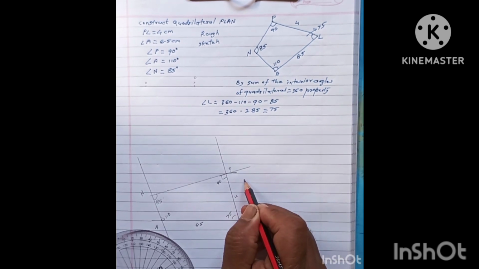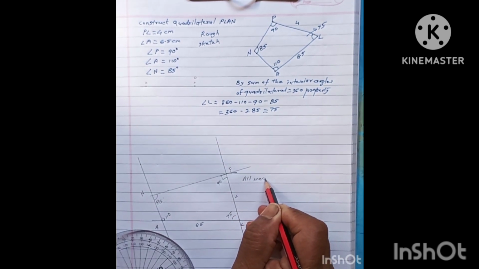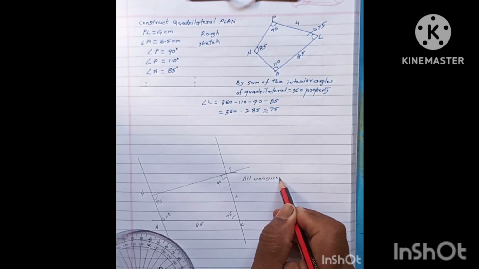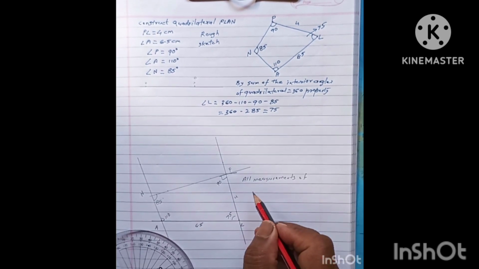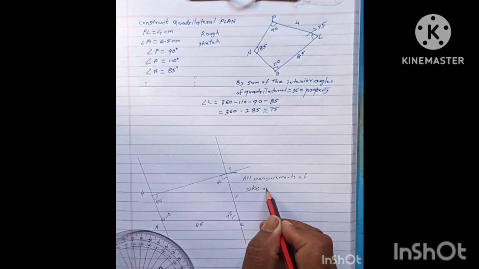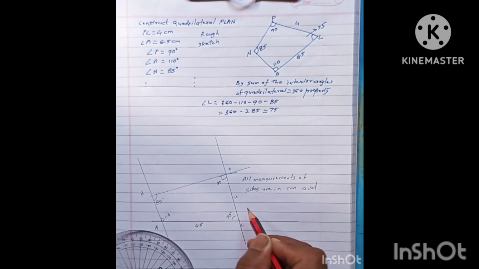Now this comment: all the measurements or segments or whatever lengths you have taken are in centimeters and angles are in degrees, because you have to always specify this. You cannot leave them as they are. Just numbers have no value.